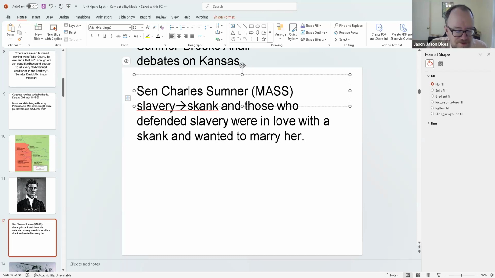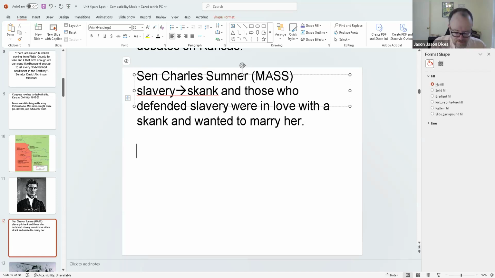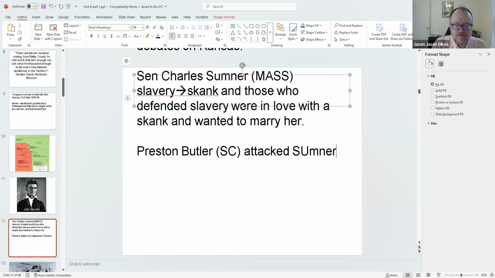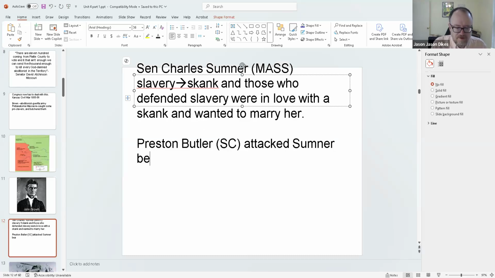It's basically what he said. I'm paraphrasing here. A couple of days later, Preston Brooks of South Carolina attacked Sumner viciously, beating Sumner on the head.